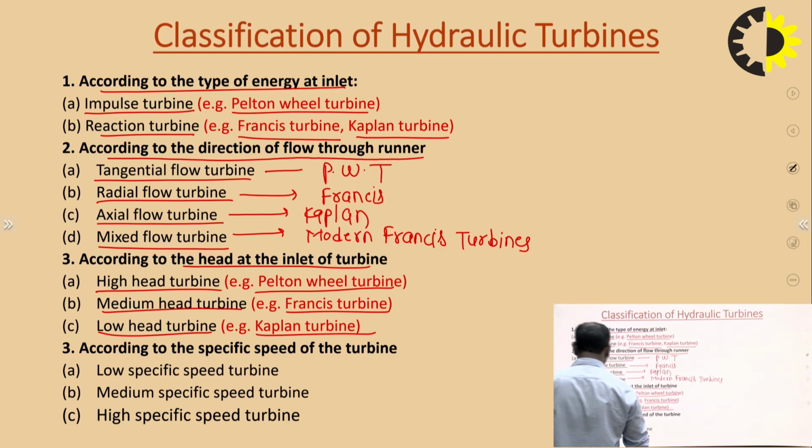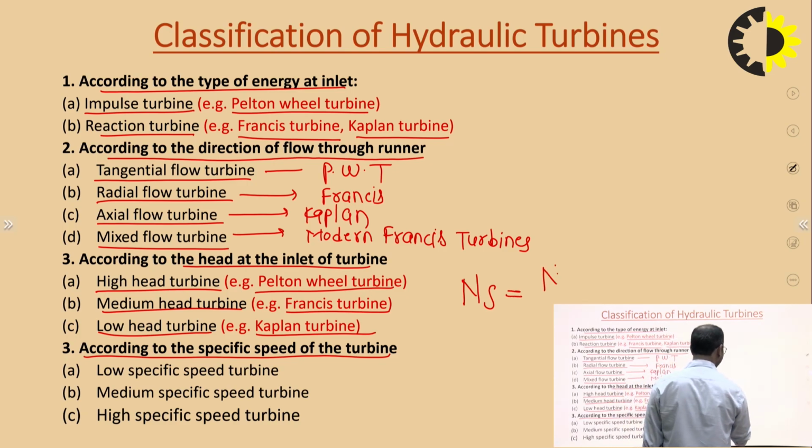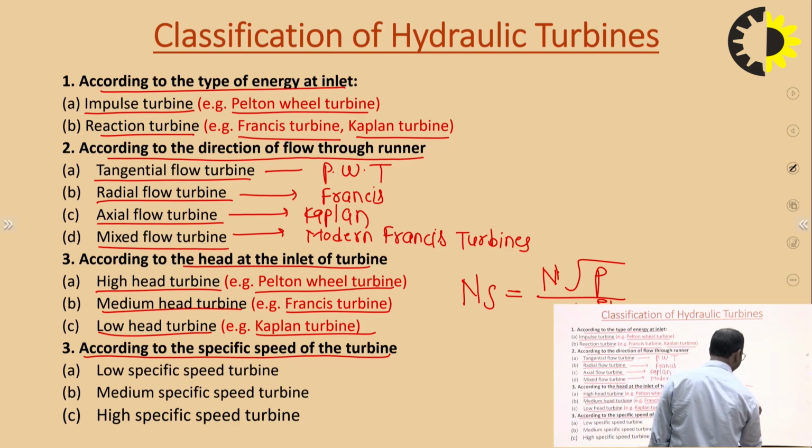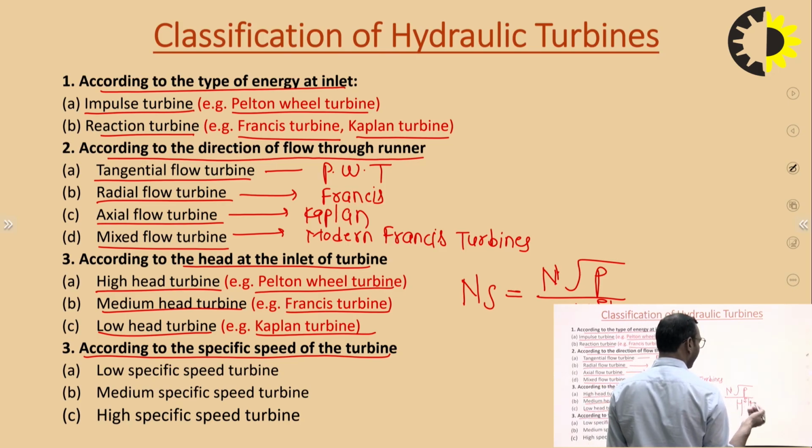According to the specific speed of the turbine, basically the specific speed is calculated by this formula: Ns equals N root P upon H to the power 5/4, where P is shaft power in kilowatts and H is the net head.